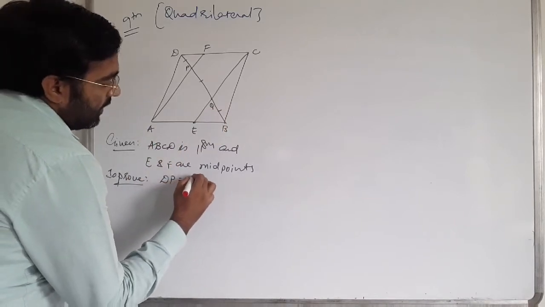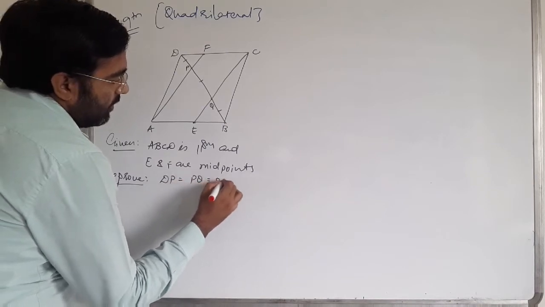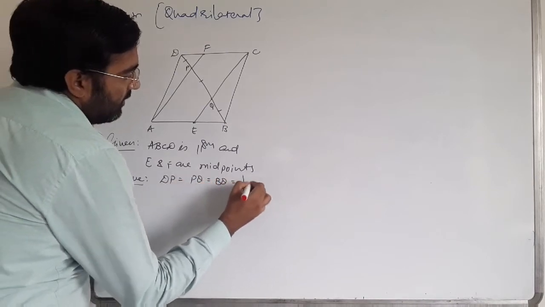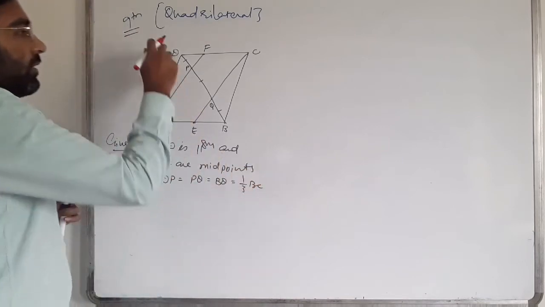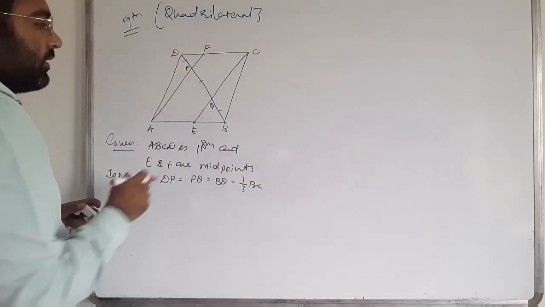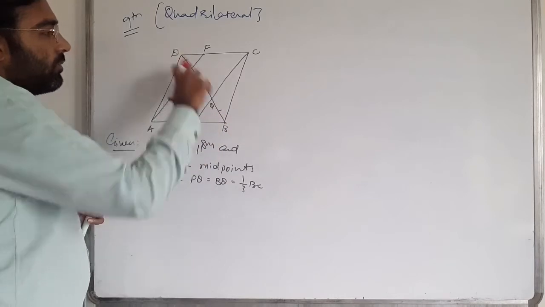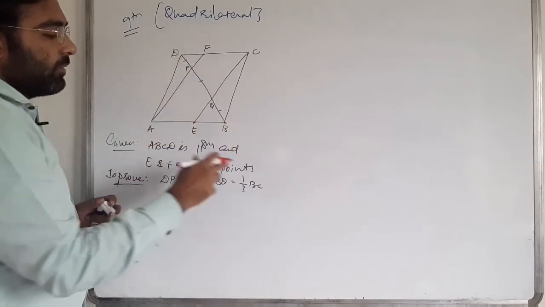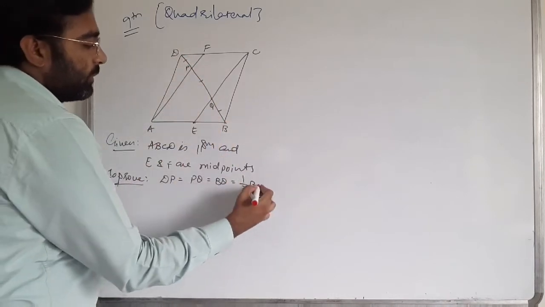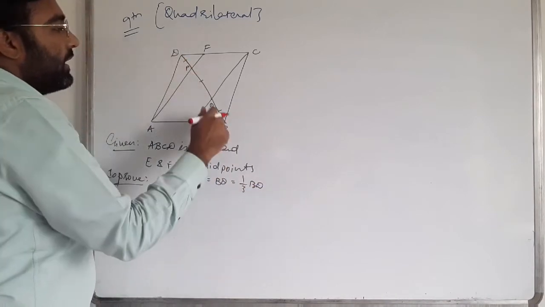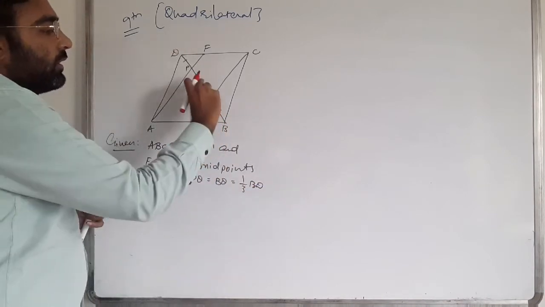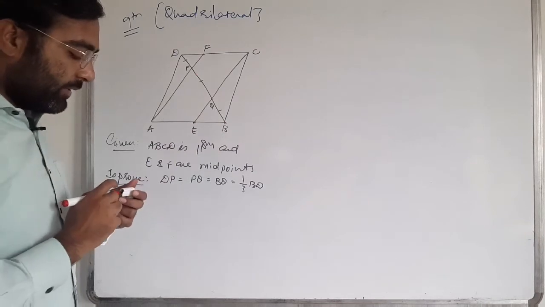PD equal to PQ equal to BQ equal to 1/3 of BD. Three equal parts, therefore BD is three equal individual parts.